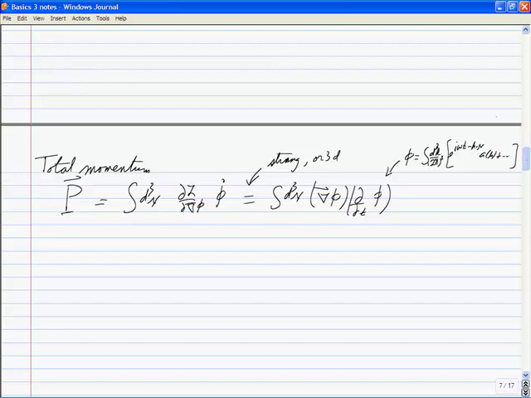The d3x gives you delta functions. The delta functions kill one of the d3k integrations. We end up with, here's an intermediate step.